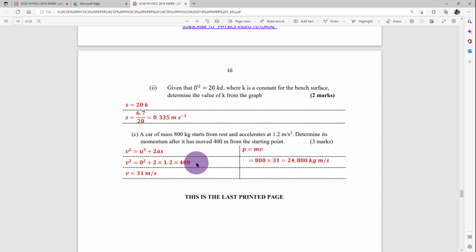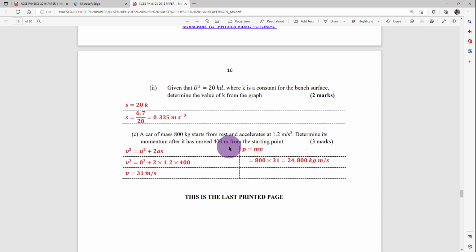I need to get the final velocity, and I can do that by using an equation that does not have time, and it happens to be this equation here. So this equation allows me to calculate the final velocity of the object, in which case now I can use that final velocity to calculate its momentum, because we are asked to determine its momentum after it has moved 400 meters.